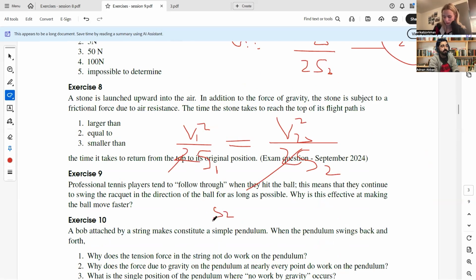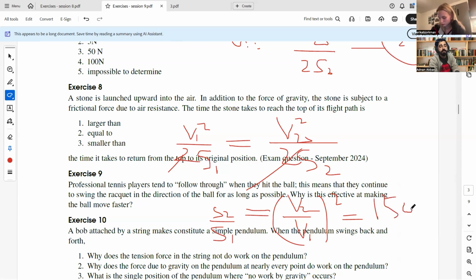S2 divided by S1 is equal to V2 divided by V1 whole square. When you observe the ratios, you need not change the units from kilometer to meter or kilometer per hour to meter per second, because in the ratio they will be cancelled out.